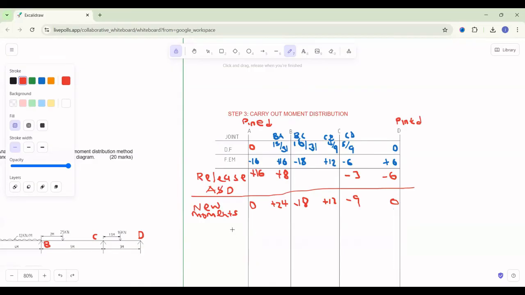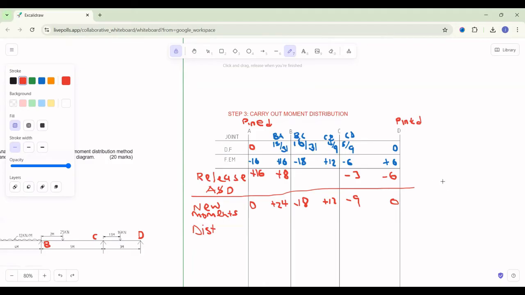Now we start the actual distribution. So we do our first distribution here. Remember when you're distributing, we look at joint B. What is the out of balance moment? It is 24 minus 18, and that will be positive 6. So the balancing moment will be negative. So we distribute 6 according to the distribution factor.